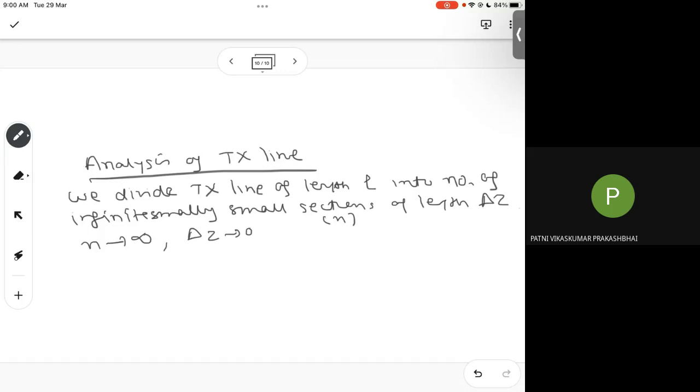So I take a small section. One small section will look like this.